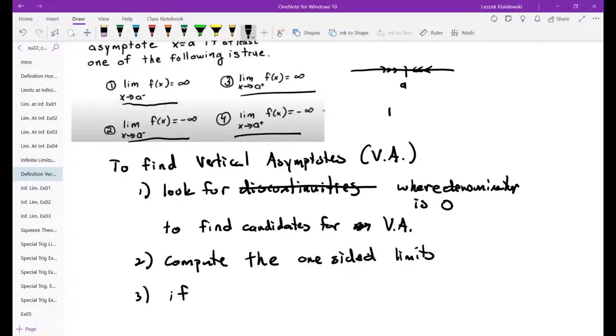And if at least one of these limits is plus or minus infinity, then we say that x equals a is a vertical asymptote.